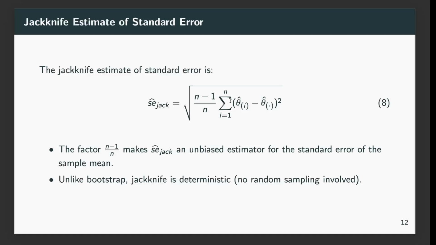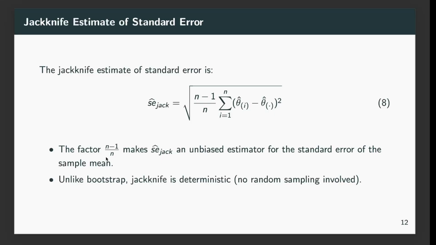So the factor of n minus 1 divided by n makes the estimated standard error the unbiased estimator for the standard error of the sample mean.